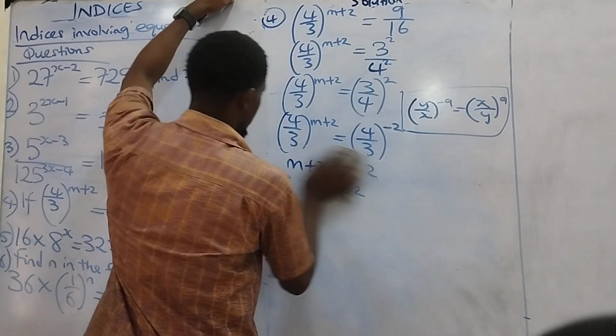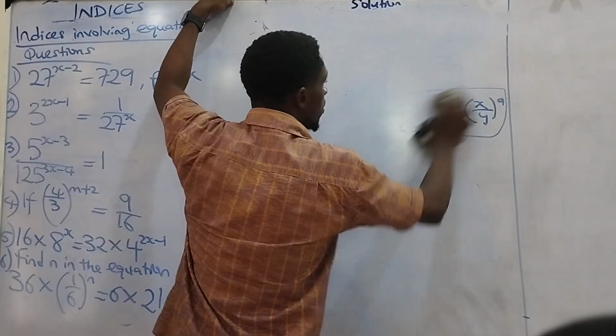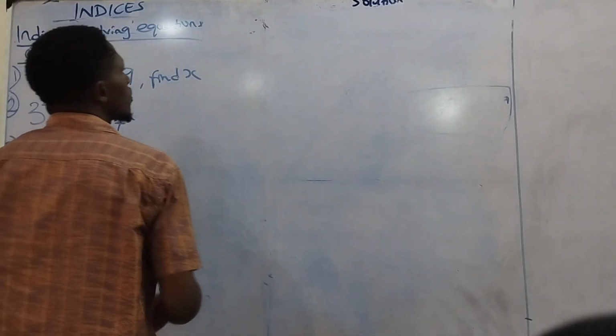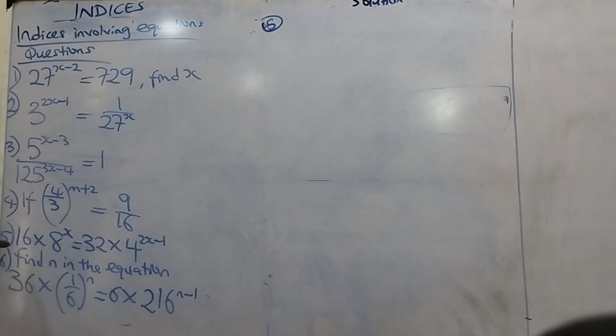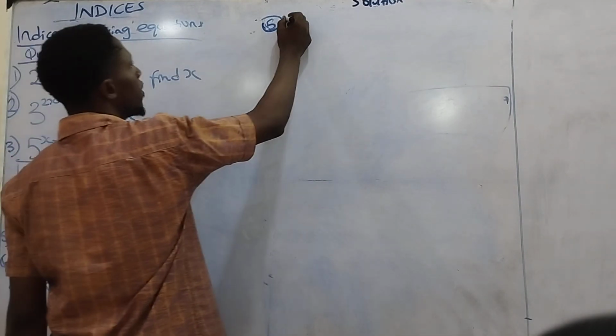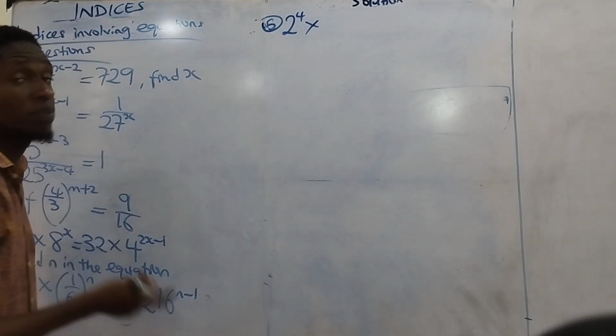Number 5. Let's go to number 5. So we have number 5 here. 16 times, what is 16 in index form? 2 raised to the power of 4. Times, what is 8 in index form? 2 raised to the power of 3.